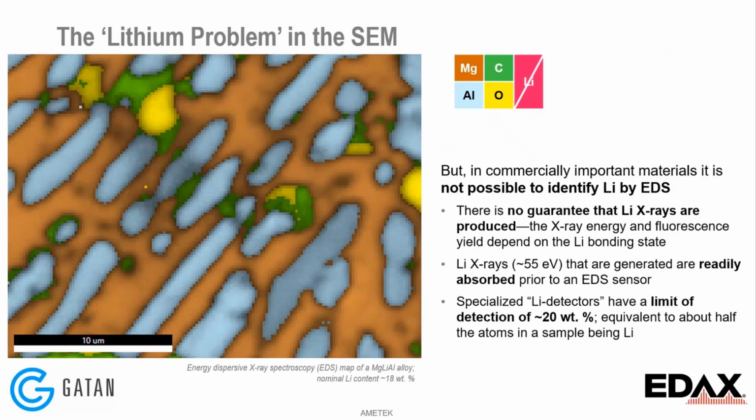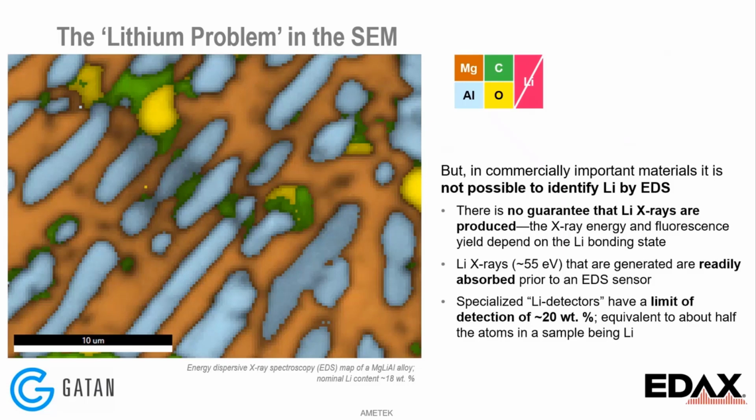Now, some specialized lithium detectors have been commercialized. They have a limit of detection of about 20 weight%, or equivalent to about half the atoms being present in a sample. But remember, importantly, there is no guarantee that lithium X-rays are produced in the sample, even if your sample contains lithium.